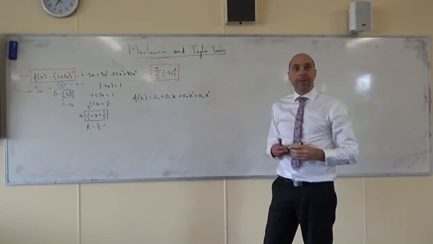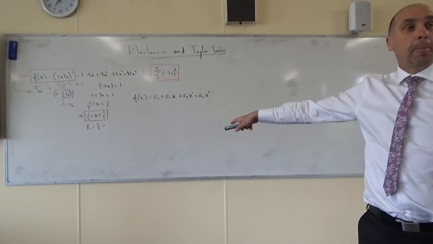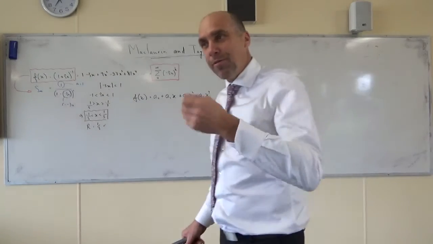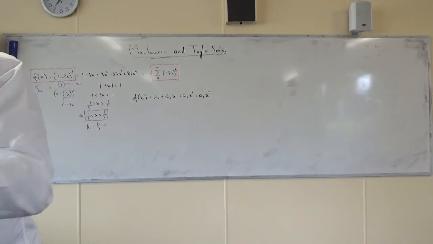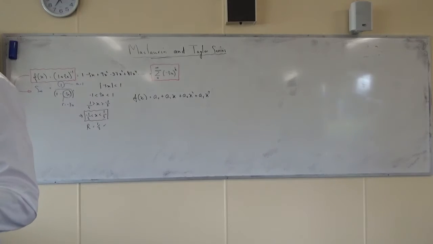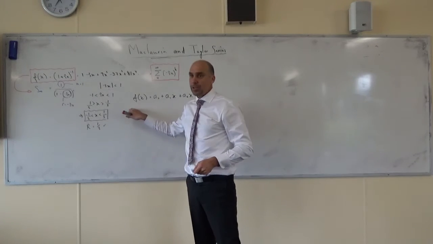I'm going to write a function as a series. If you like, it's a polynomial-based series, isn't it? Is it possible to write a function as an addition of polynomials? And the higher the degree of the polynomial, the more accurately this series approaches that function.